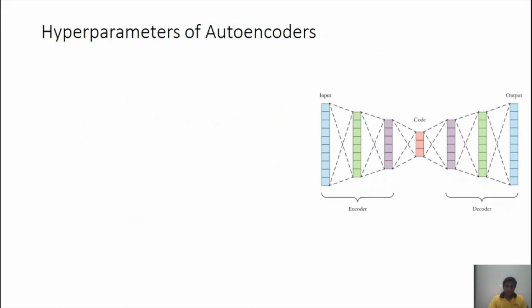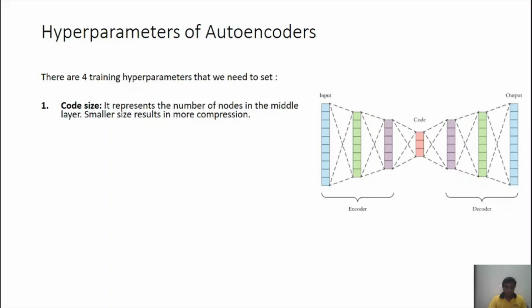Okay, so the major parameters which an autoencoder has to deal with before it can work properly are the code size. This is exactly the same as the number of neurons in the hidden layer. If you look at the diagram on the right hand side, you will find that you could have more than one hidden layer.